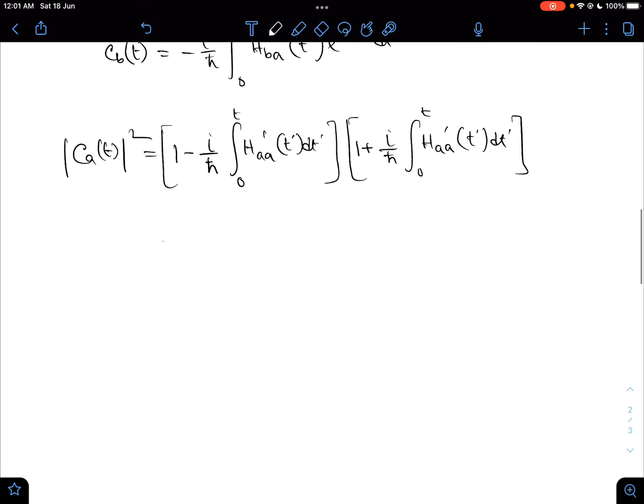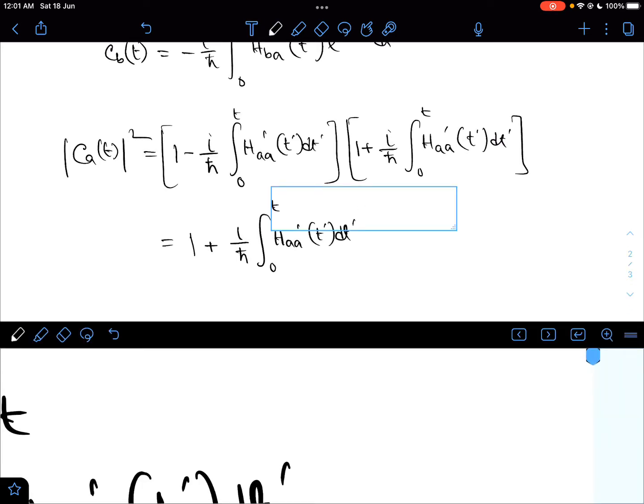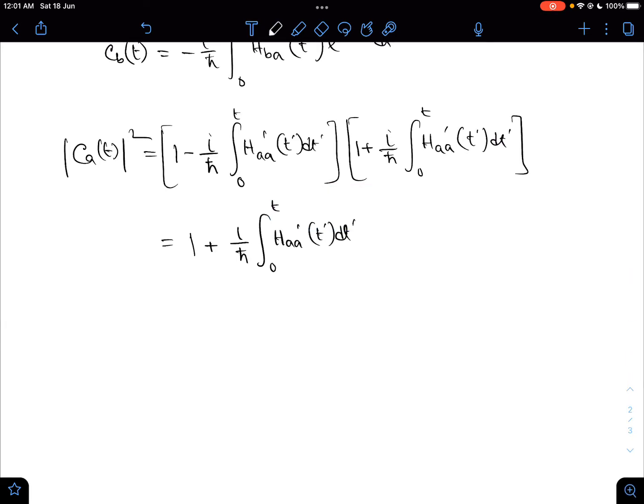So it will give us 1, and another term will be 1/ħ² times the square of the integral from 0 to t of H_AA'(t') dt'.